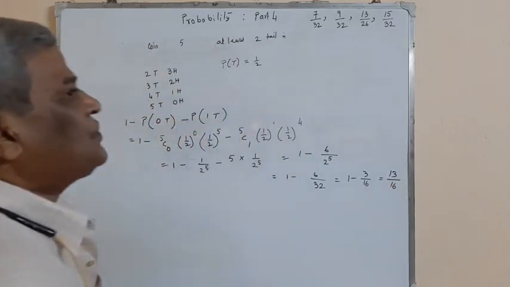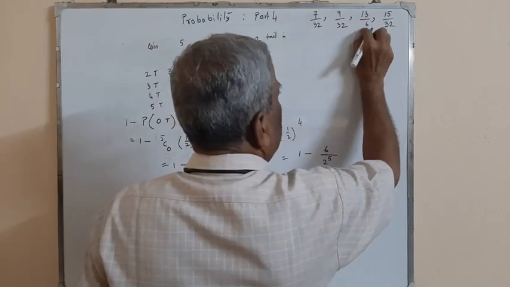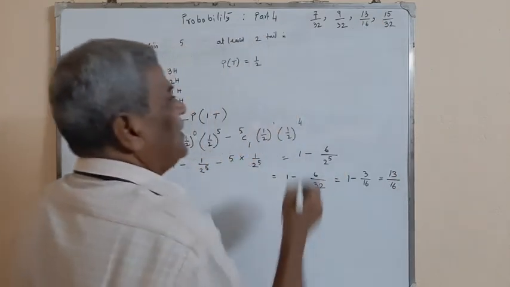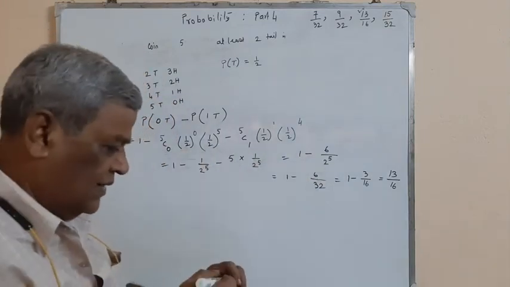So 13/16 is our answer. Sorry, this must be 6/32, which is 3/16. So 13/16 is our correct answer.